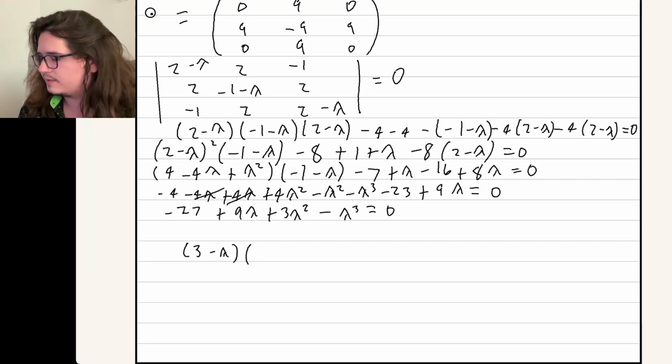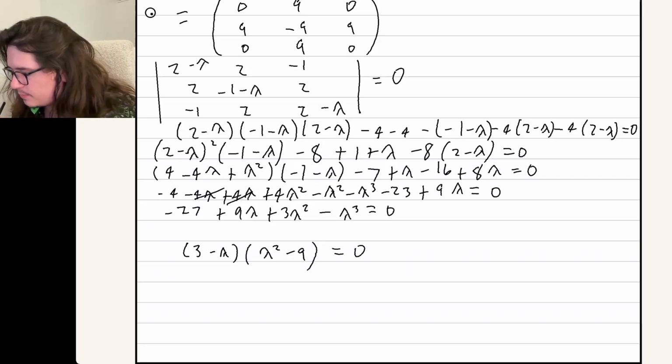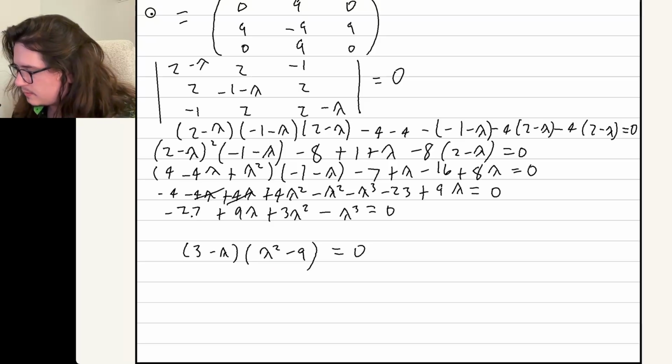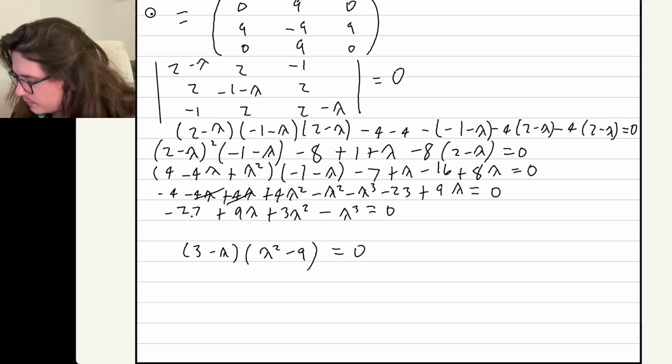And what you get is lambda squared minus 9. I'm going to check that real quick for sanity purposes, because you get 3 times lambda squared, so 3 lambda squared. Then you get 3 times minus 9, so minus 27. And minus lambda times lambda squared makes minus lambda cubed. And then minus lambda times minus 9 makes plus 9 lambda. So yeah, that's a good factor.